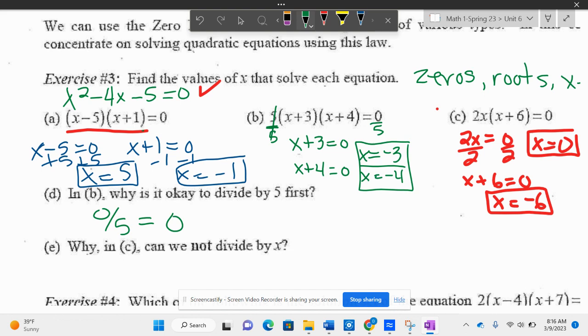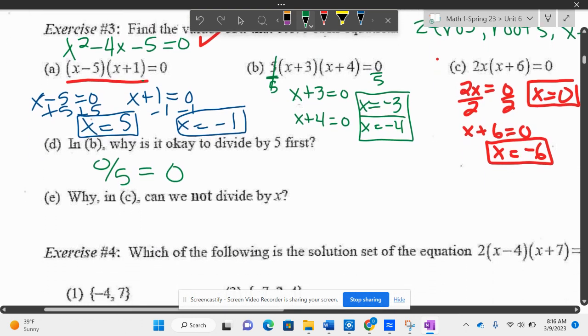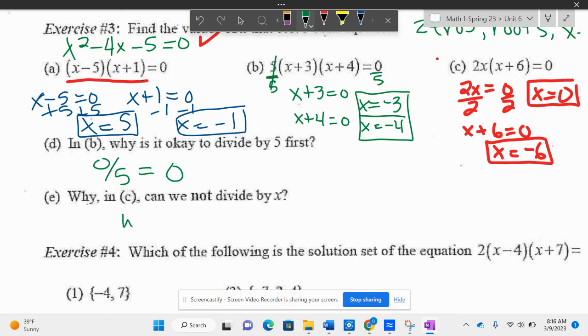But in example C, why did we not divide both sides by x? Like, why can't we divide by x? Well, because we don't know what x is, right? Do we know what x is? Like, hypothetically, before we solved it, did we know what the value of x was? Yeah. So we cannot divide by 0. We cannot ever divide by 0.